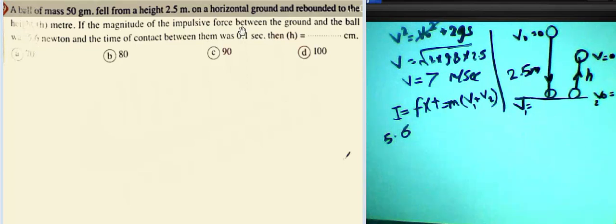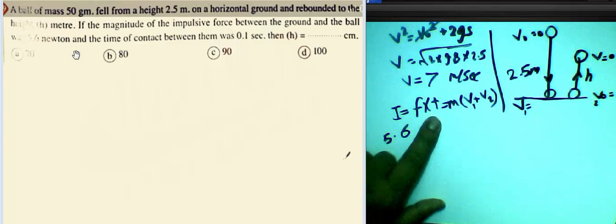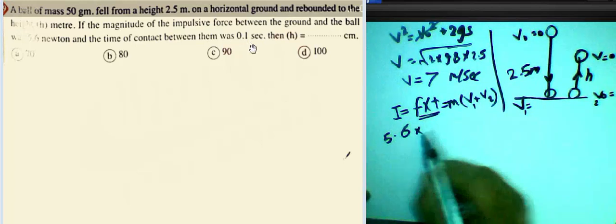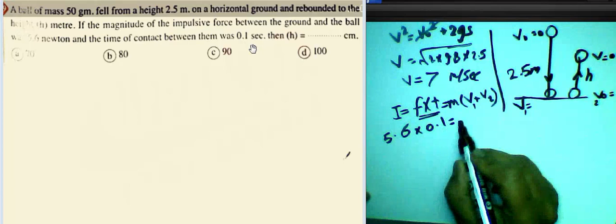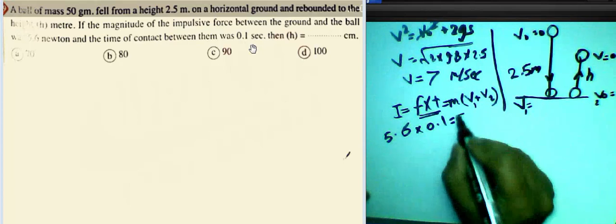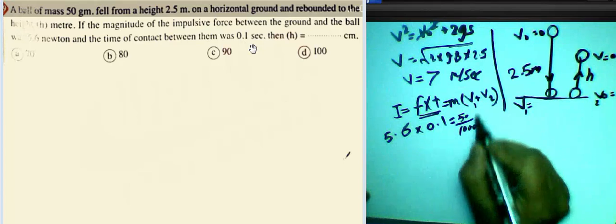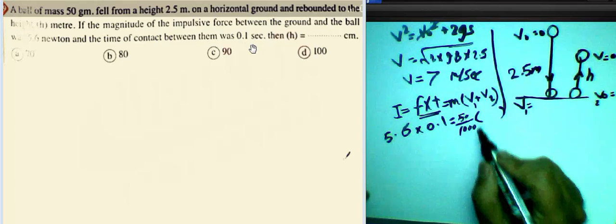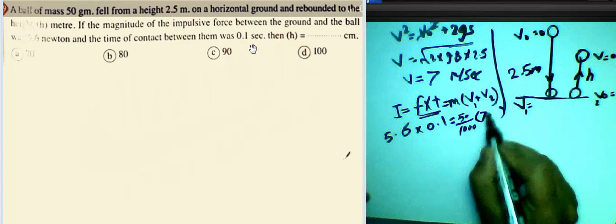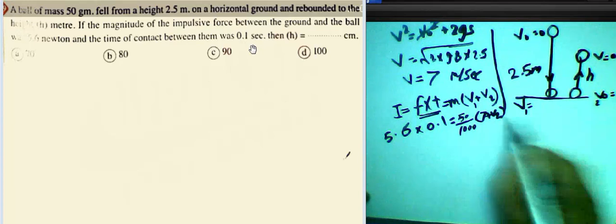The force multiplied by time, he gives us the time 0.1 second, multiplied by the mass 50 gram, 50 divided by 1000, multiplied by the velocity V1, 7, plus velocity V2.